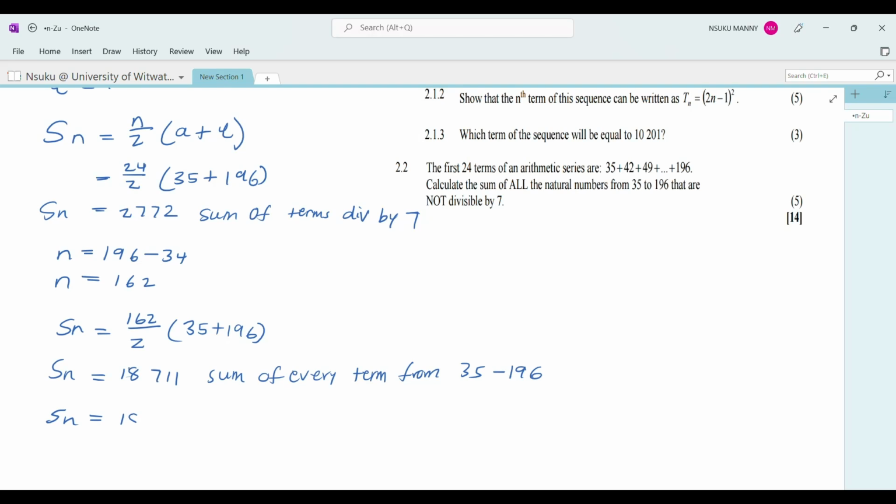Sn will be 18,711 minus 2,772, and we get 15,939. So this is the sum of all terms not divisible by 7. That's our answer, which is 15,939.